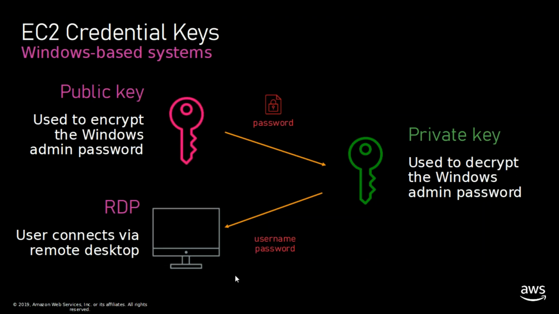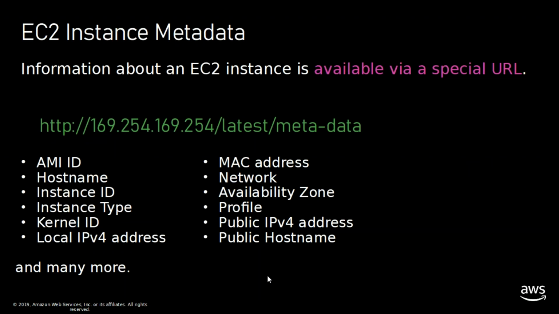For Windows-based instances using RDP, an encrypted password is given to us. And to get the instance information, we can run http://169.254.169.254/latest/metadata, and we will have this information.